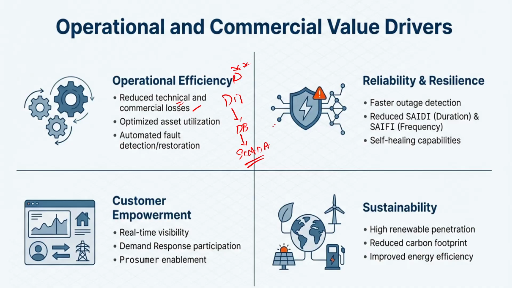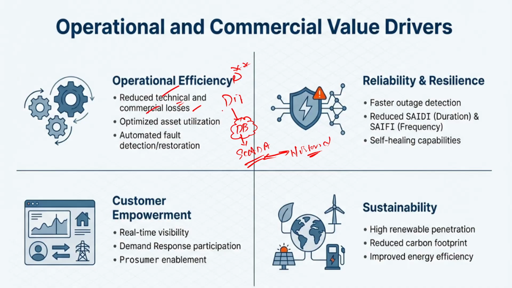The SCADA will have all the historical data, stored in the DB, and this database can be used for analytical purposes. Based on that, we are trying to reduce the technical as well as the commercial losses.